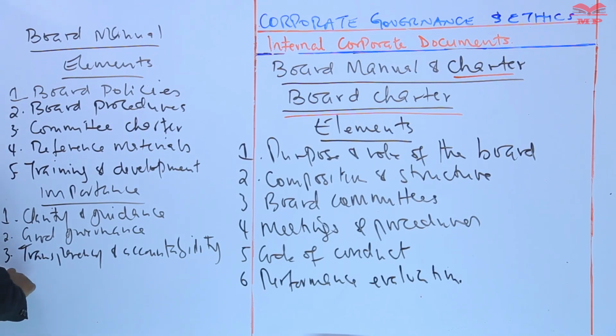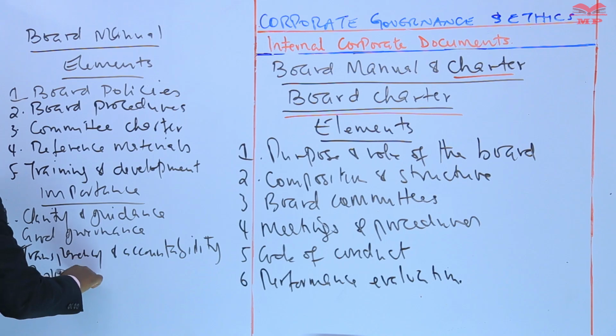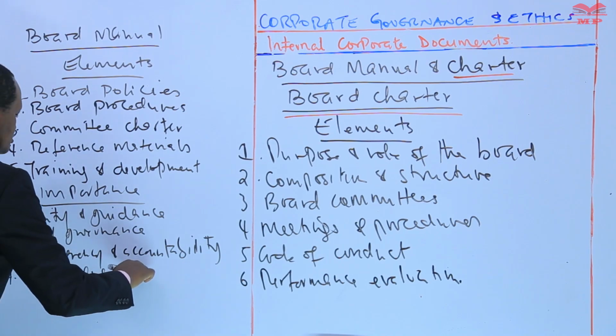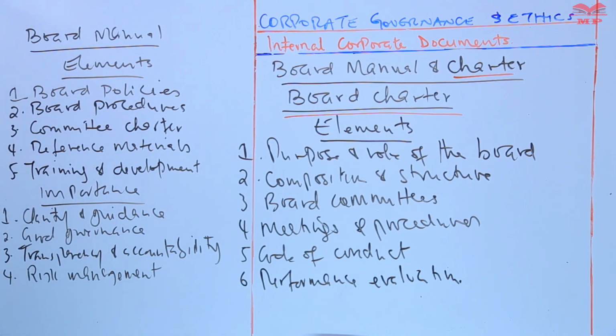Then lastly, risk management. A board charter and manual help identify and mitigate potential risks to the company by establishing clear procedures and guidelines. So these are 4 reasons why it's important for a company to have a board manual and a board charter. And that effectively brings the lesson to an end.